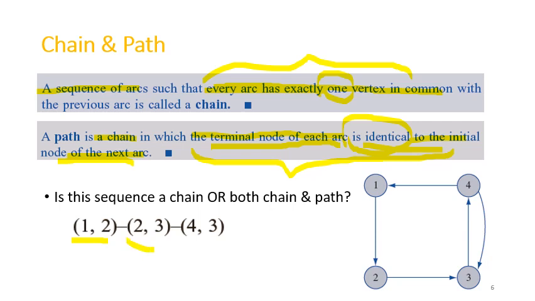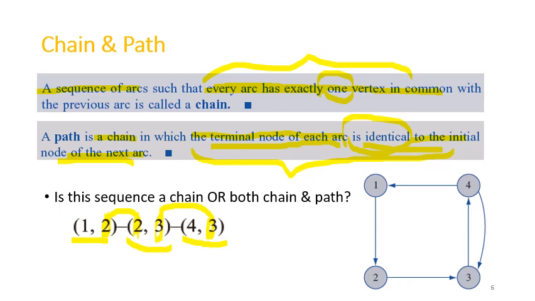Then this is the second arc. You see that it has exactly one vertex in common with the previous one. And then the third arc. Again, it has exactly one vertex in common with the previous arc. So this is a chain. But is this a path? Let's check.